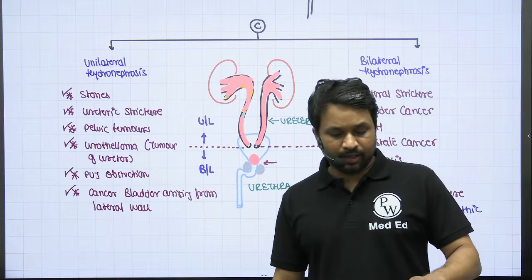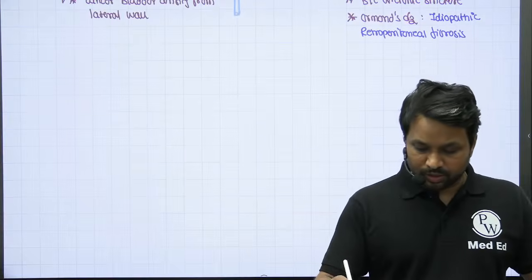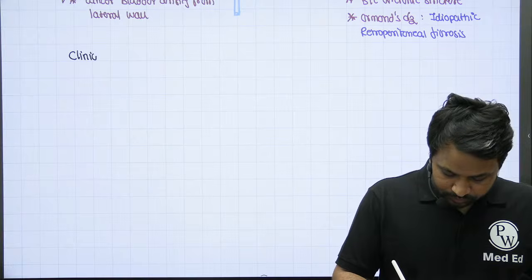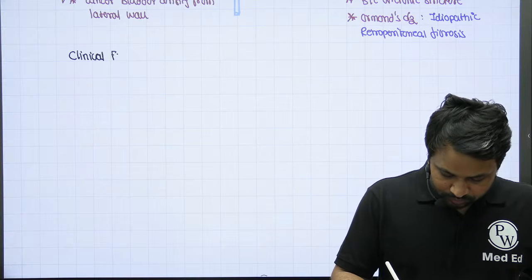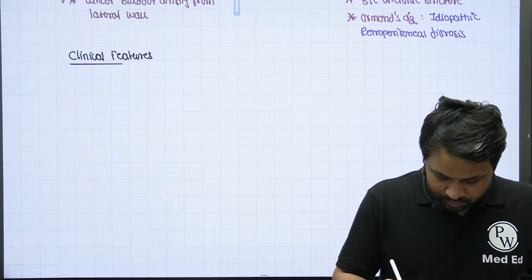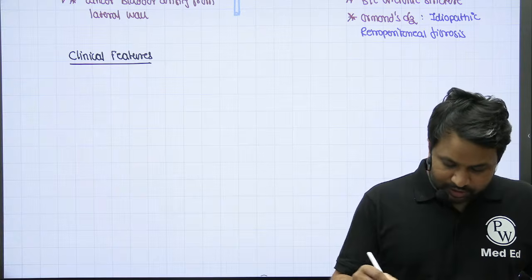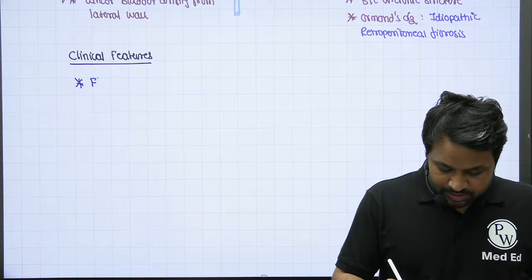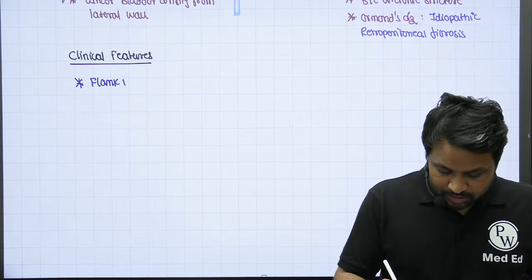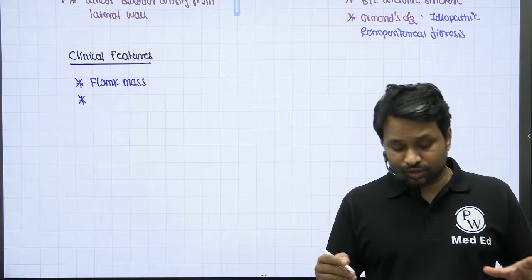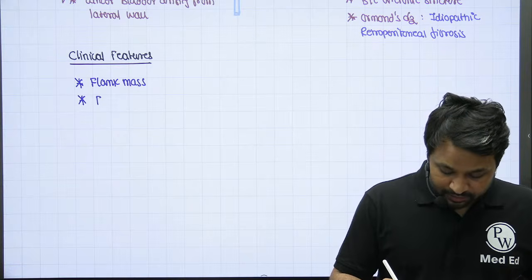Okay. Now, when a patient with hydronephrosis presents to you, what are the clinical features? Because the kidneys are going to swell up with urine, it will be associated with a flank mass. As the kidneys swell up, Gerota's fascia is going to stretch, resulting in flank pain.